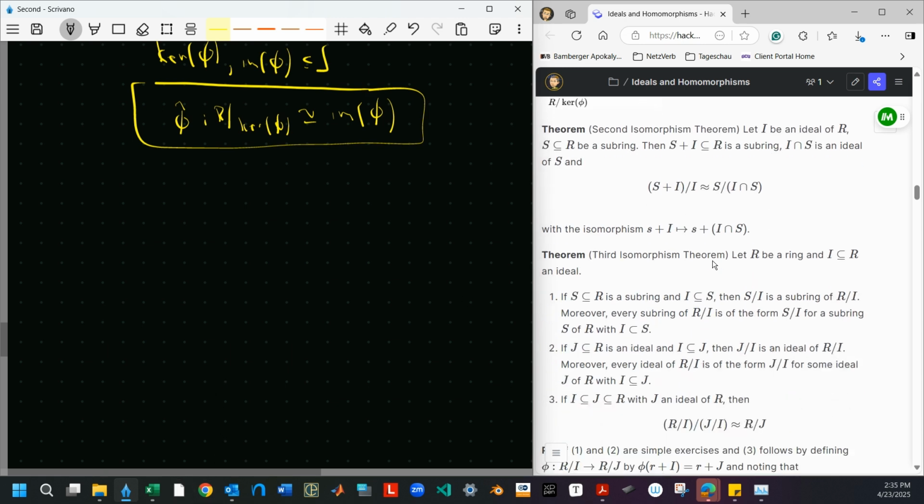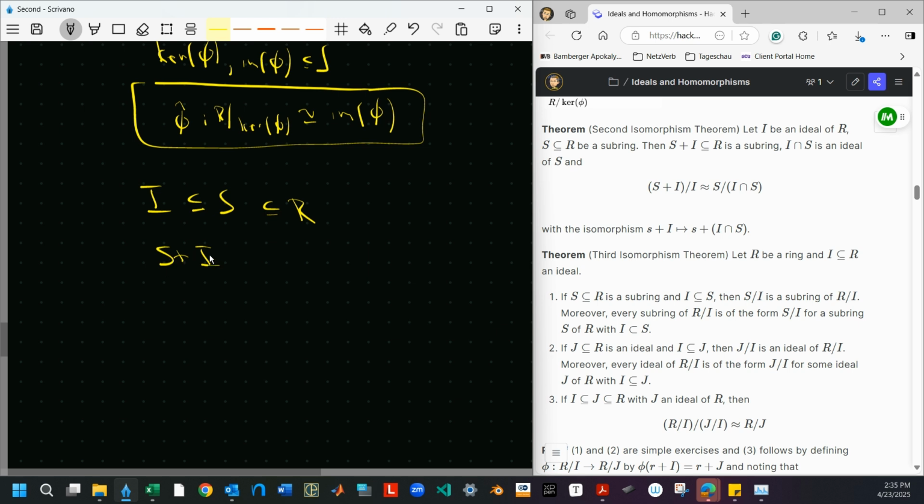The second isomorphism theorem is sort of interesting. So it says this thing: if I is an ideal in R and S is a subring, so the picture is like this: I have I subset of S subset of R, then I can form S plus I. So this is the ring formed by taking the sum.